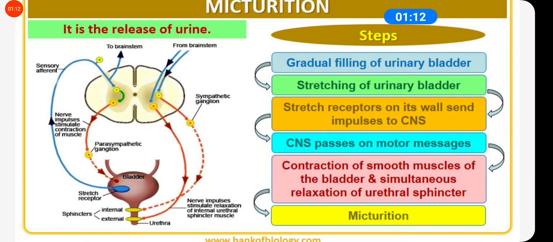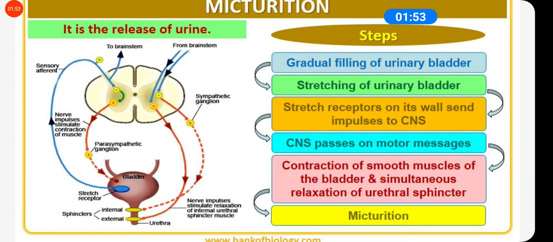So the bladder serves to store the urine temporarily till a voluntary signal. Voluntary means in kids it is not voluntary, but as the kid grows up it becomes voluntary. So a voluntary signal is given to the central nervous system, and as the urinary bladder fills it keeps on stretching. The stretch receptors on the walls of the bladder send the reflexes to the central nervous system by sensory nerve endings in the bladder.